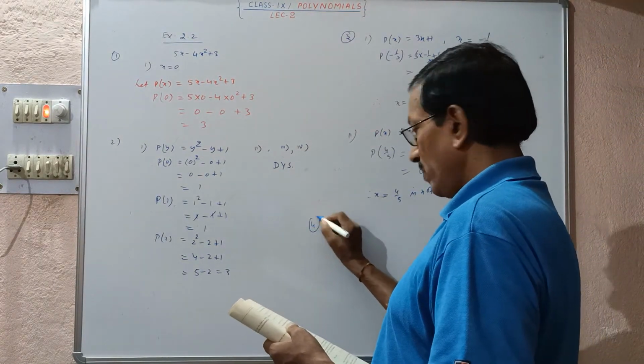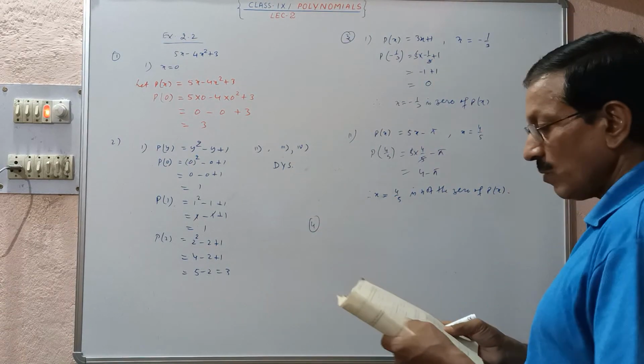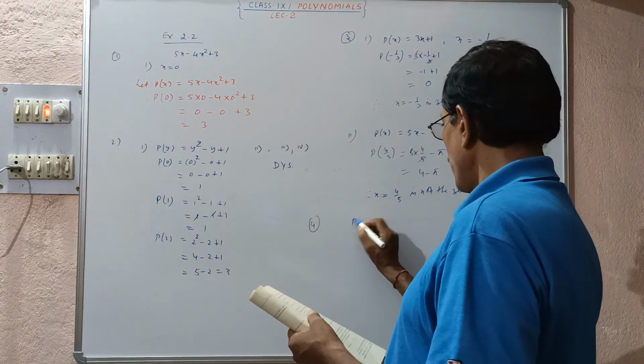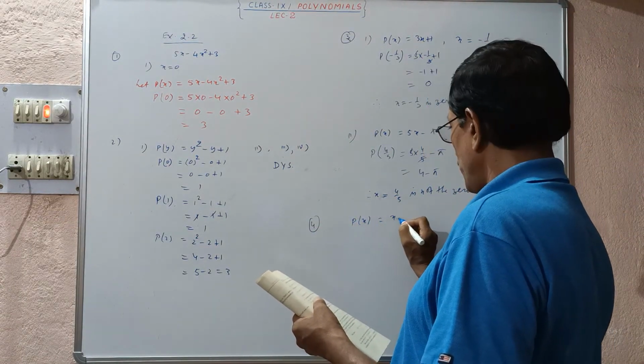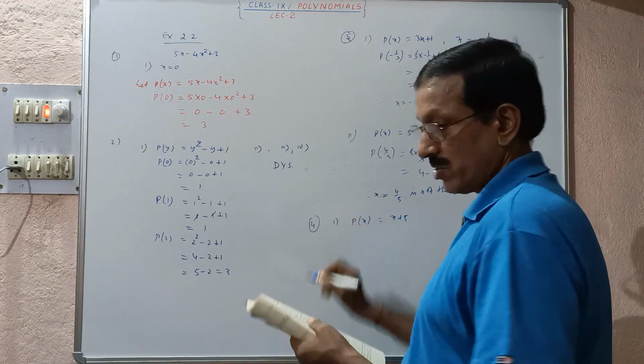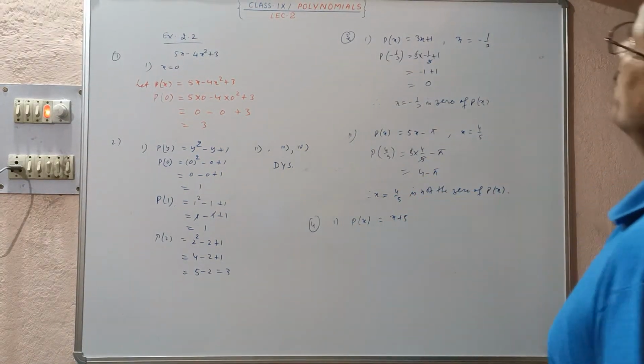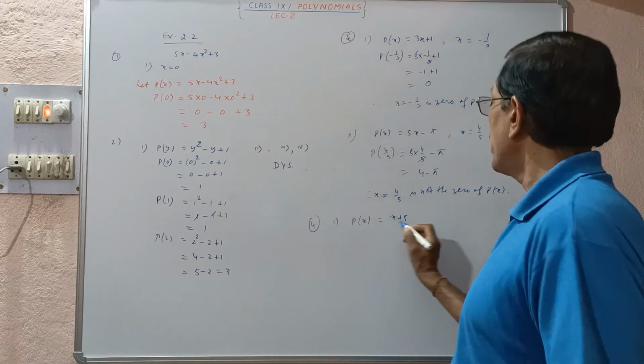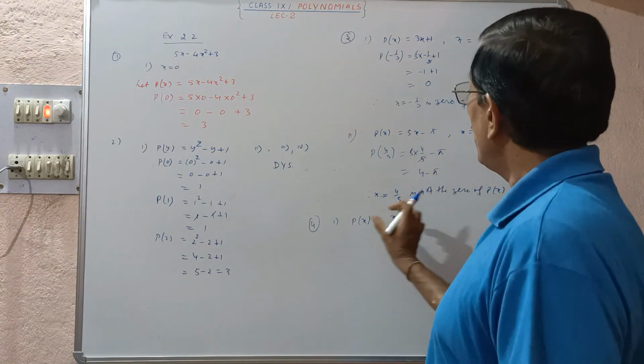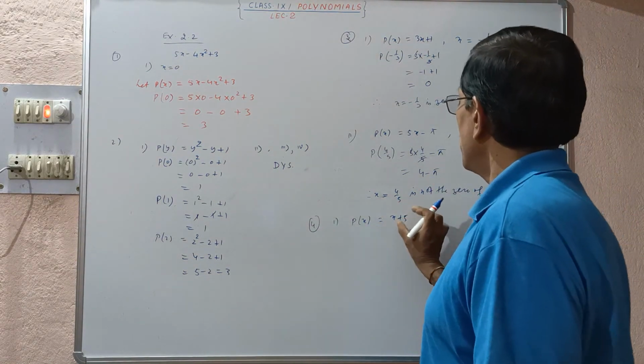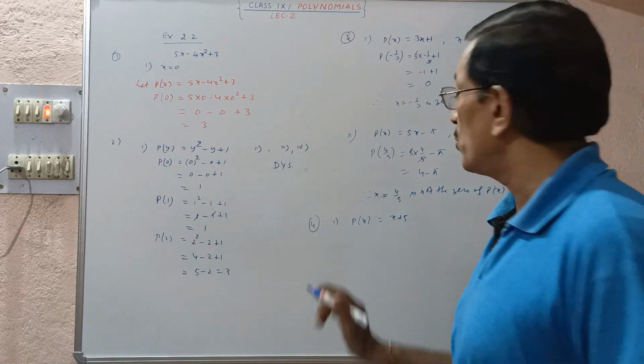Now we take question number 4. Find the zero of the polynomial in each of the cases. We are given p(x) = x + 5. We have to find the zero of this polynomial. When we have to find the zero of a polynomial, we equate it to 0.